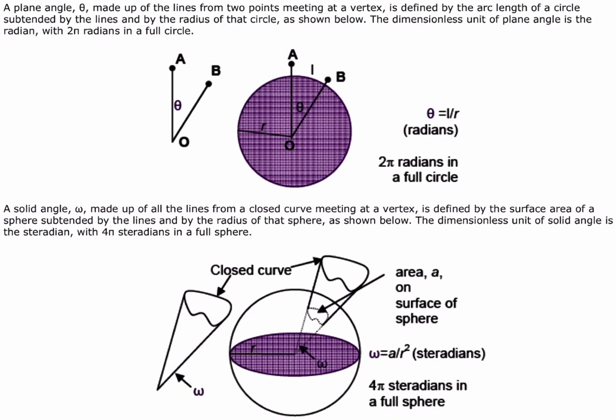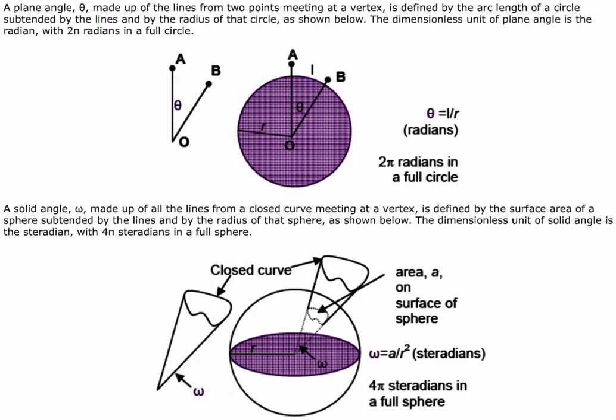So the solid angle will be defined as the area divided by the square of the radius. The unit of the solid angle is the steradian and it is a dimensionless quantity. The solid angle in a full sphere is equal to 4 pi.